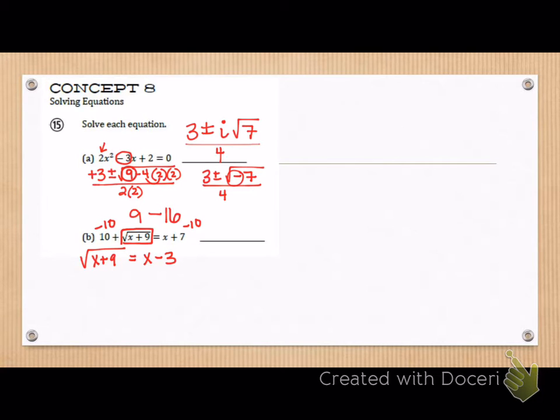Now here, when I square to undo that, what happens is that entire thing is squared. So this works out real nice that I get an x plus 9, but over here I have x minus 3 times x minus 3. So this is going to give me x squared minus 6x plus 9.